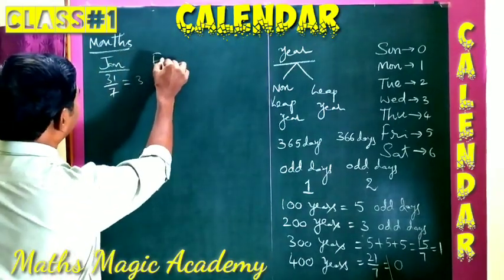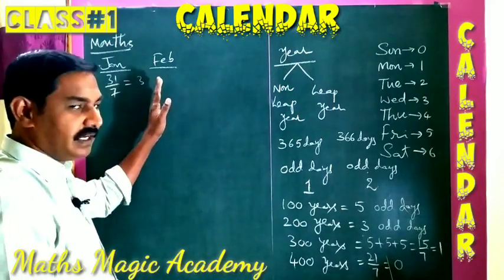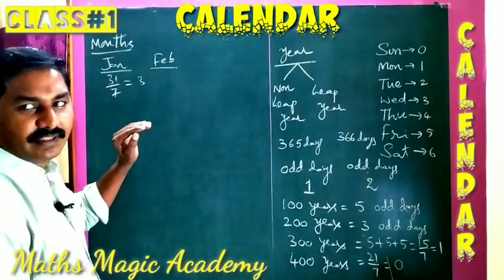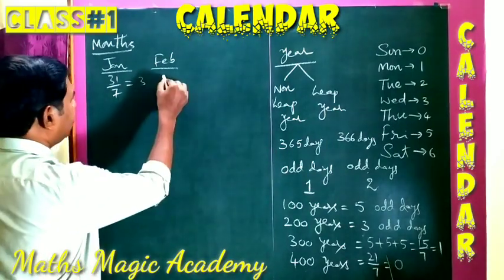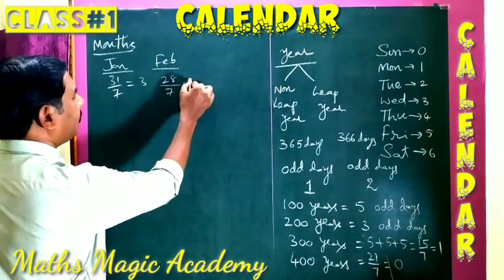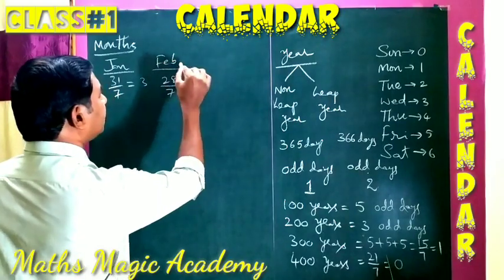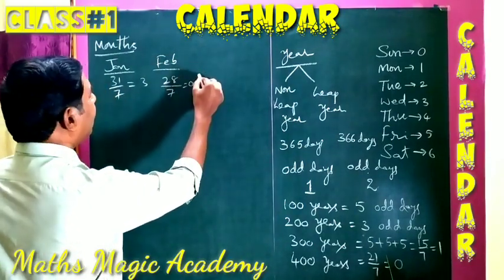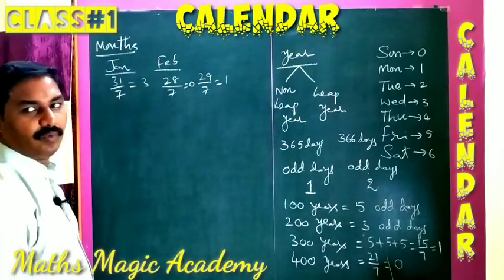Like here, February: if the current year is a leap year, there will be 29 days. If the current year is a non-leap year, there will be 28 days. 28 by 7, the remainder is 0. If it is a leap year, there will be 29, and 29 by 7 gives 1.